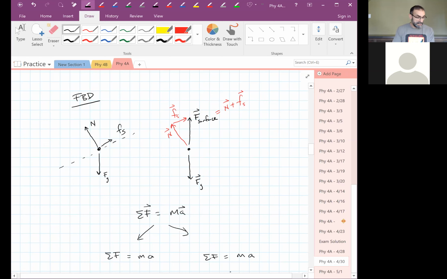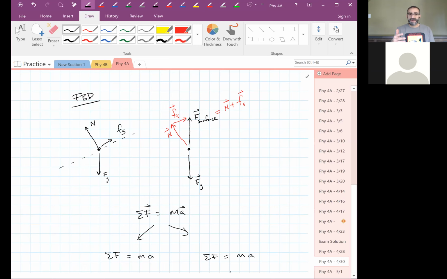And we need to pick a coordinate system. So usually what we'll do is think about acceleration. What would this object do if it was moving? Where would the acceleration point? Well, the object's probably not going to jump up off the surface, and it's probably not going to fall down into the surface. It's probably always going to be along the surface.